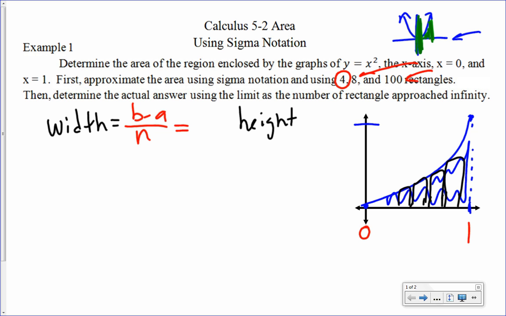So in other words, it would be 1 minus 0 over n, otherwise known as 1 over n, right? So you agree with me that that's our width? And that's going to be the width every time, correct? What have we done with things like that that happen every time?